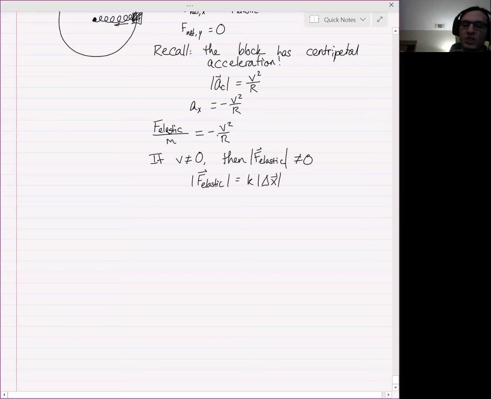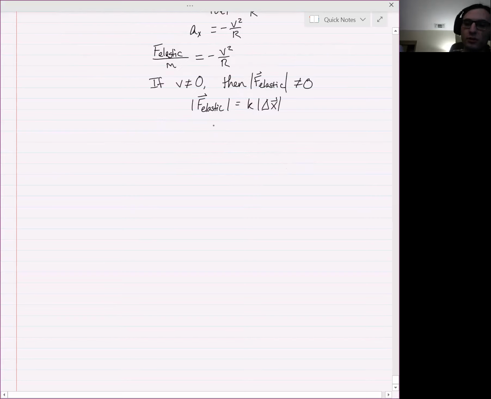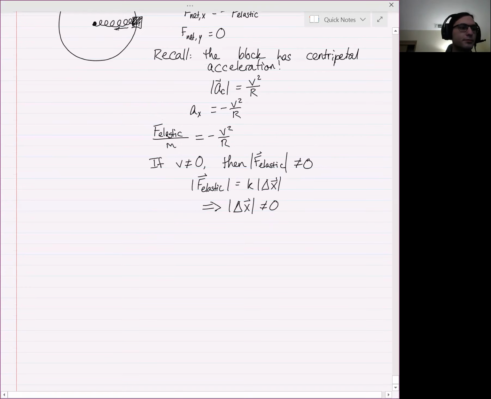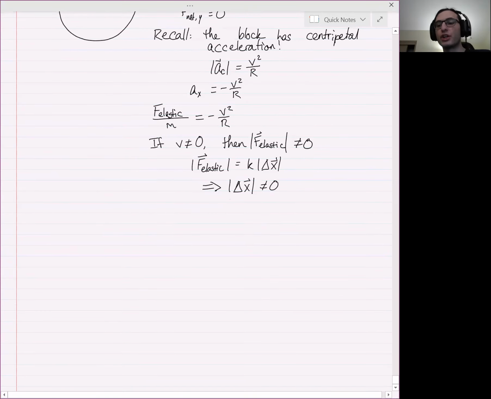So that means that delta x isn't 0, meaning that the spring is stretched. And we know that if delta x isn't 0, it could have also been compressed. But we can use reason to argue that if it was compressed, that means that the acceleration would have been in the outward direction instead of the inward direction.